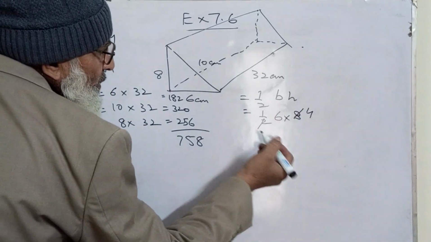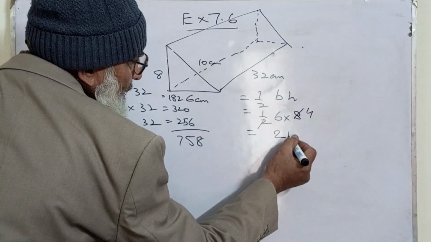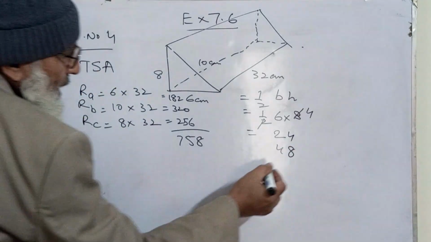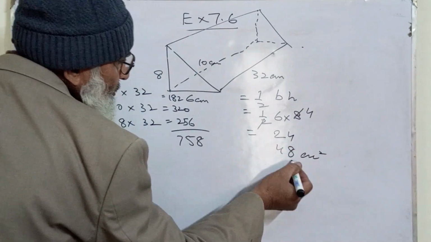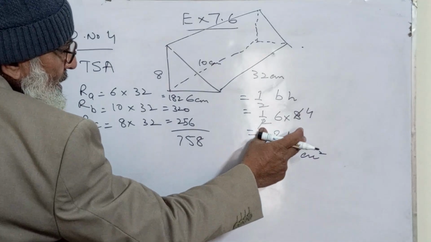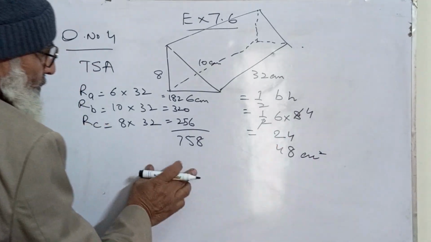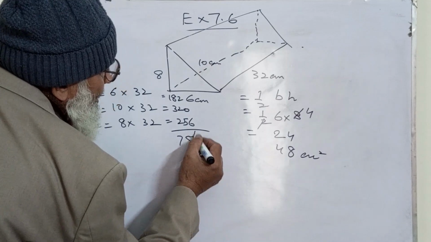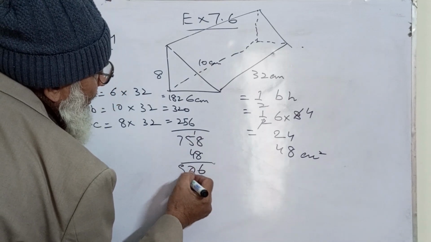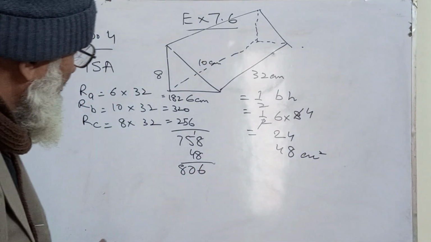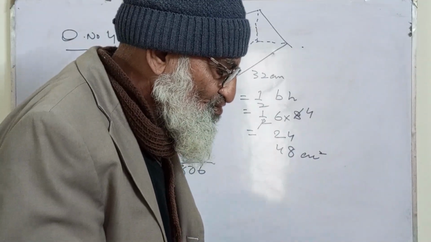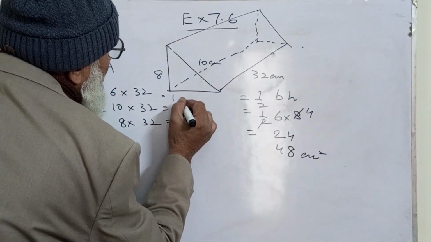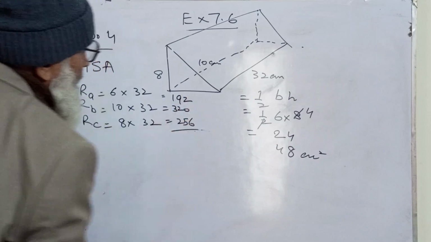It is 24 for one triangle, 48 for two triangles. This is the area of one triangle, and this is the area of two triangles. Just add this. At first I wrote it 182, it was wrong.